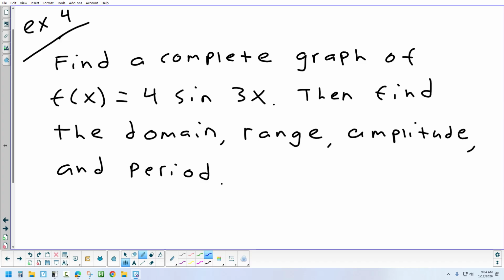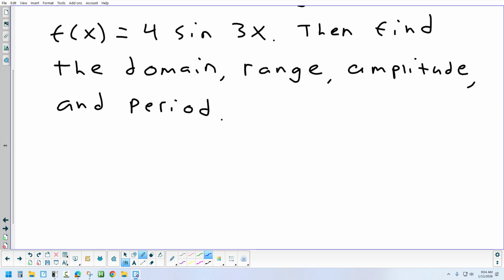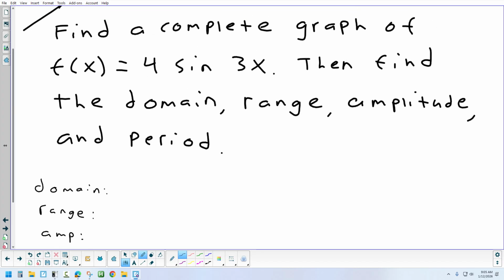We actually should be able to do most of that before we even do the graph. Let's see what we can do. Let's start with the domain. It doesn't matter what kind of transformation you do to a sine or a cosine function, what's the domain?